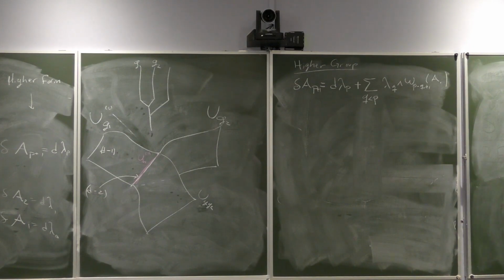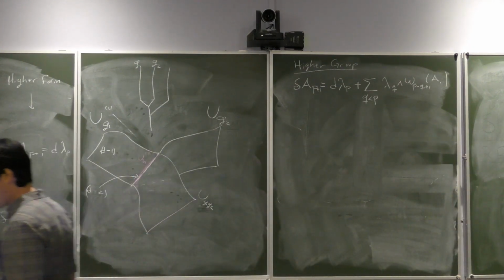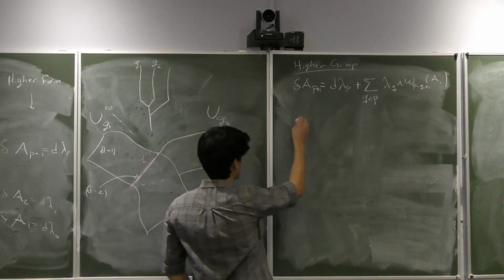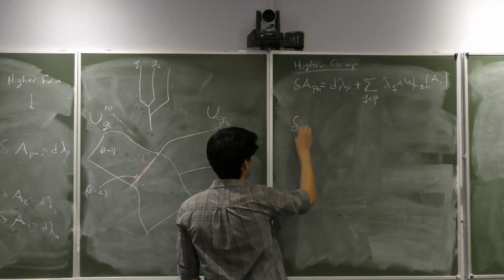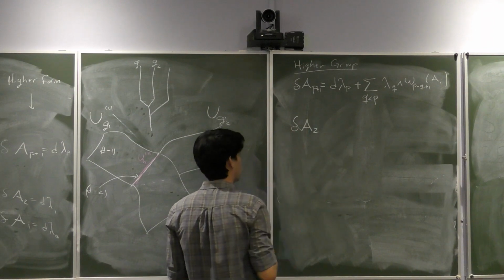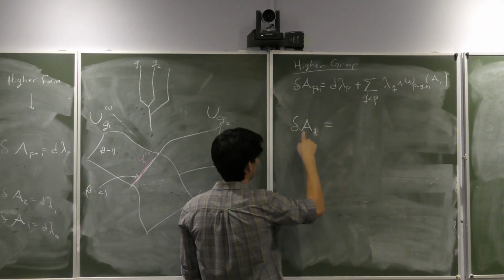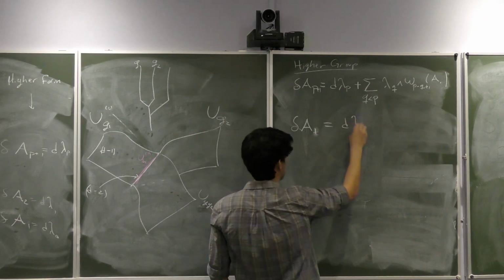Yeah, so that's maybe not super helpful. But what I'm saying is that if you look at, for example, the transformation of the lowest couple, the gauge transformation of the 0-form part is just d lambda 0.